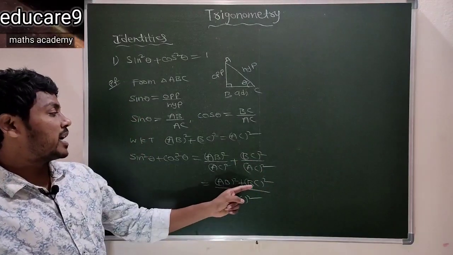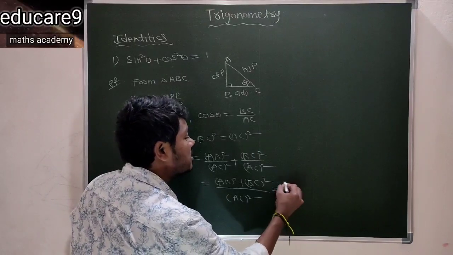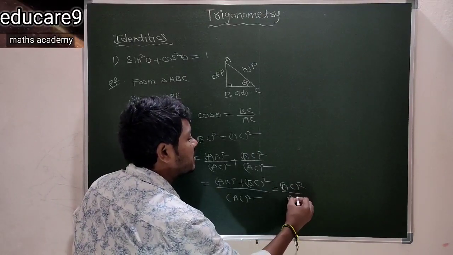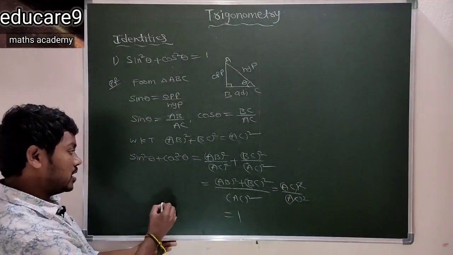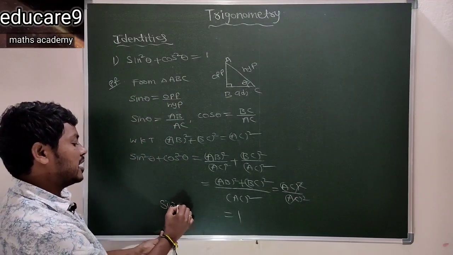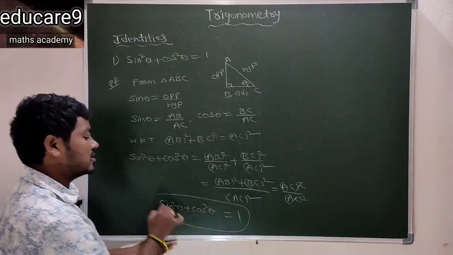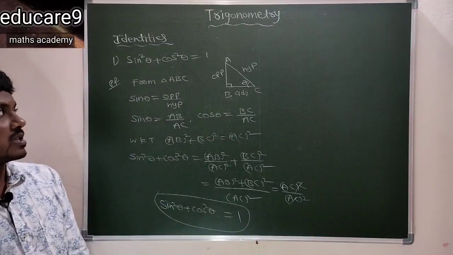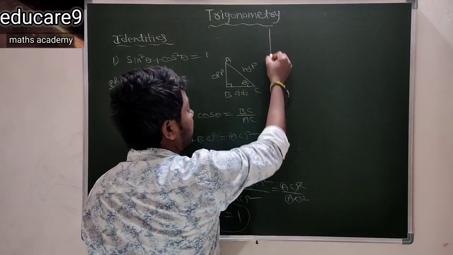So what is AB square plus BC square? That is AC square. So AC square by AC square, so you will get 1. Therefore sin square theta plus cos square theta value is 1. So this is the first identity. And see our second identity.